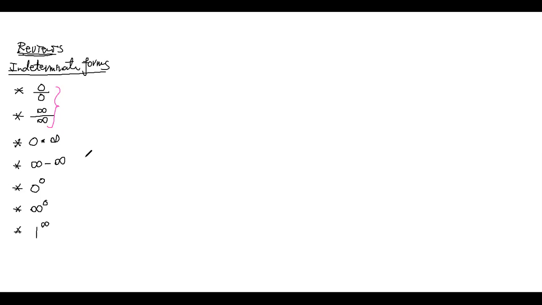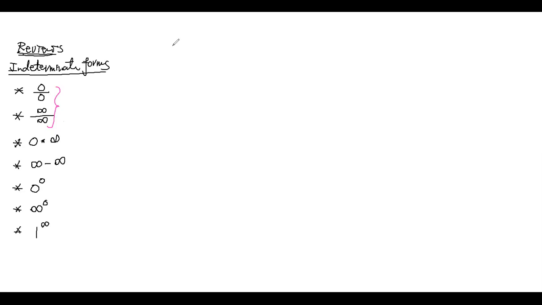We need to manipulate the form into either 0 over 0 or infinity over infinity. We will do all this practice in later practice sets. Right now, the first thing is to make sure we understand which form is indeterminate and which form is not, right?